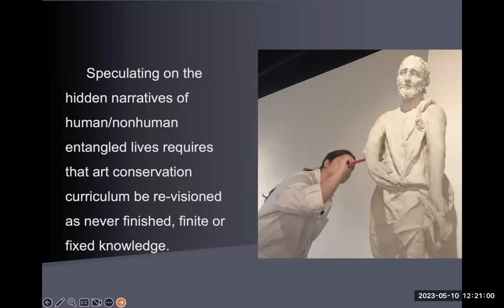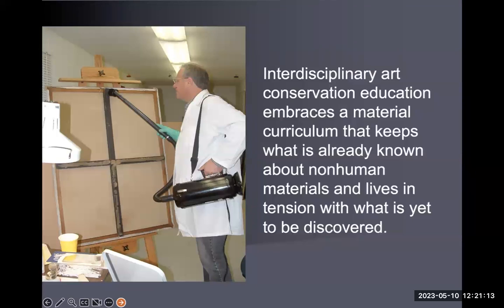Speculating on the hidden narratives of human, non-human, entangled lives requires that art conservation curriculum be re-envisioned as never finished, finite, or fixed knowledge. Art conservation is uniquely positioned to think with material phenomena such as art object, in that most training involves extensive time with objects.